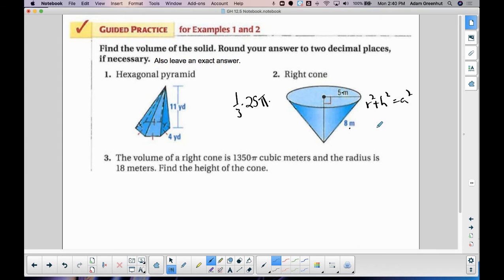So the height squared equals 81 minus 25 square rooted. So the square root of 56, I believe I just got. And then 4 goes into 56, right? So 2 √14 is my height, because 4 times 14 is 56, right? And 81 minus 25. Sorry, I'm just double checking everything.